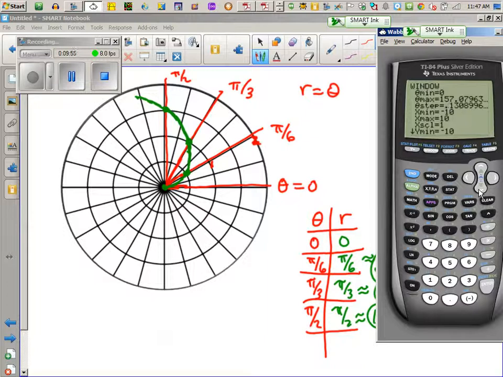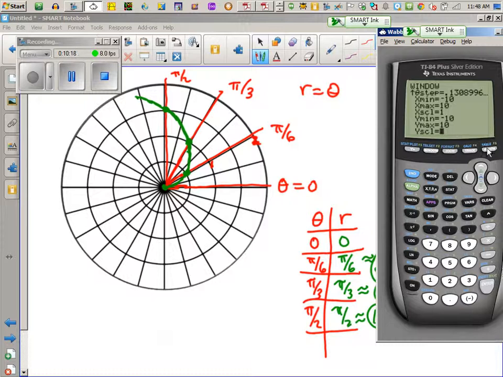So find that balance point at about 0.1. Okay? So now the rest of these settings in here are your window size. Right now it's set to show you negative 10 to 10 on the x-axis, and between negative 10 and positive 10 on the y-axis. Those are normal zoom settings.